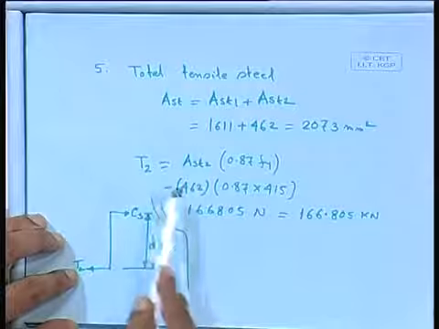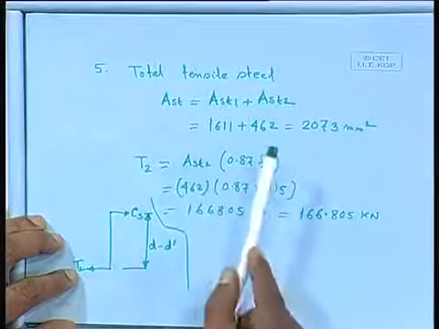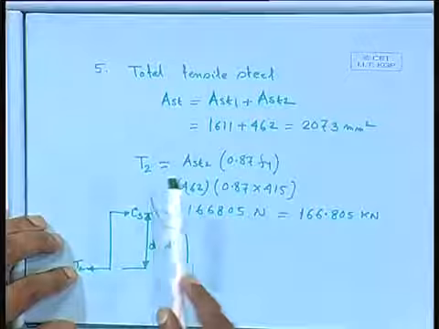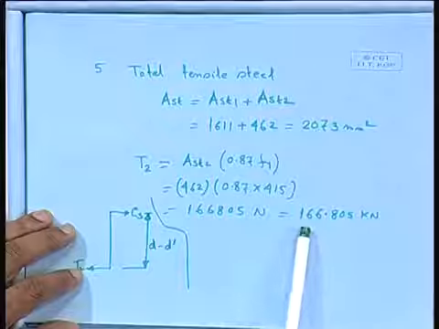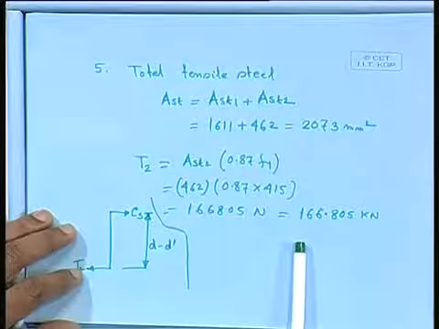We can immediately calculate Ast2, and since we have already computed Ast2, we can find the tensile force. We have already done the balanced part, concrete failure and Ast1, and it is in equilibrium. Now we are providing the tensile reinforcement, Ast2. So the corresponding force T2 is 166.805 kN in this problem.